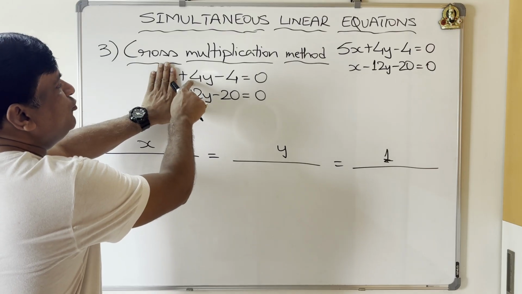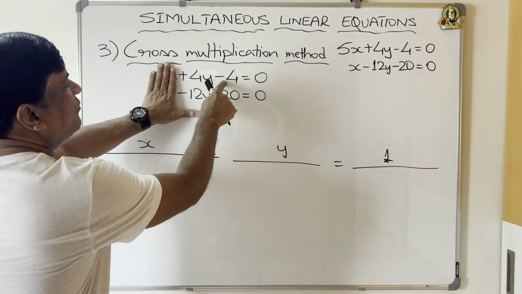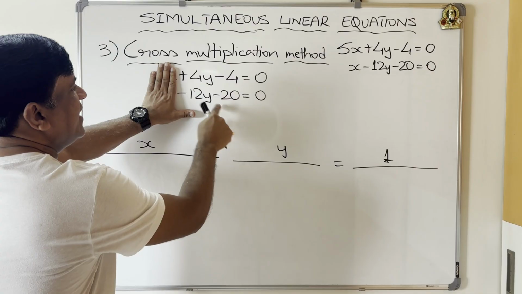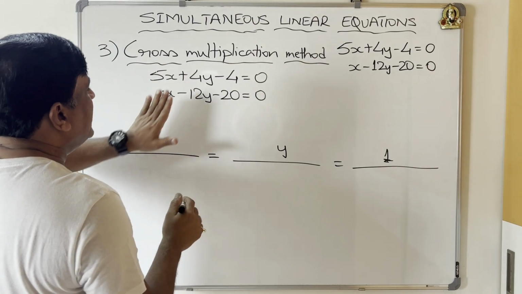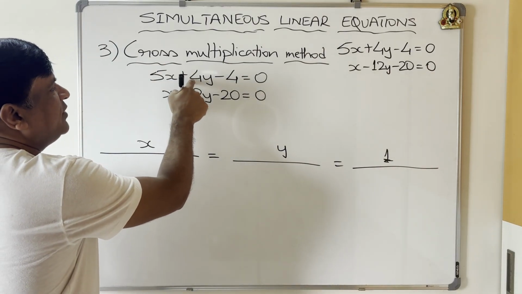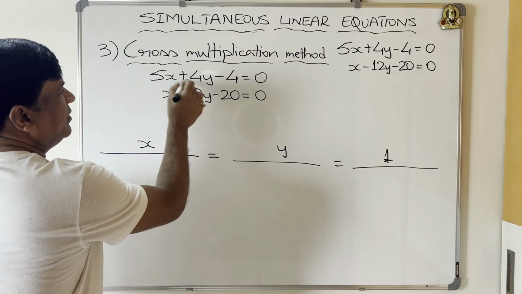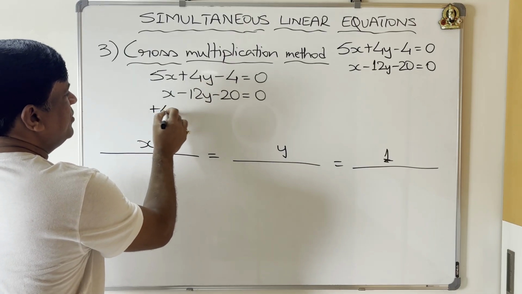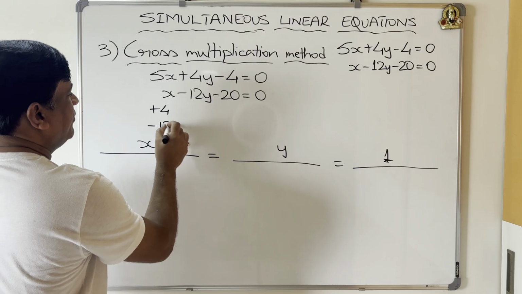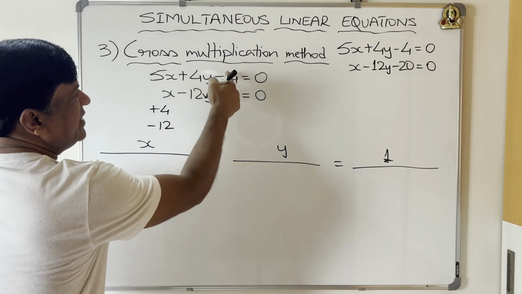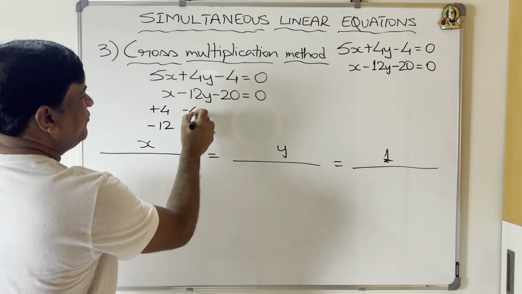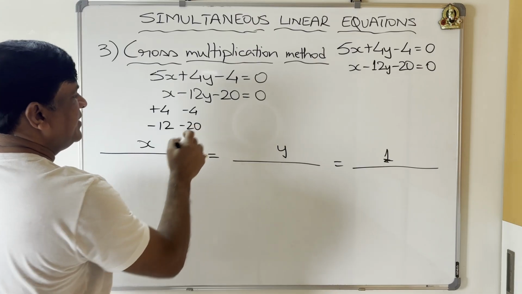I am going to use only the coefficients of these two. So I am going to write only the coefficients. What is the coefficient of plus y? It is plus 4 and it is minus 12 over here. And what is the next set? It is minus 4 and minus 20. Done?